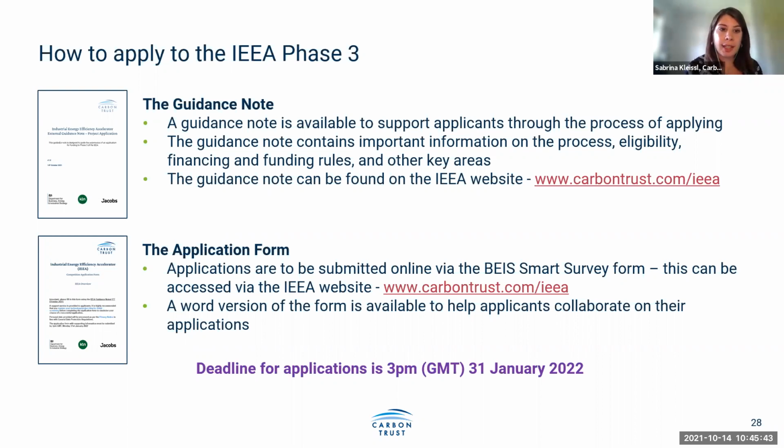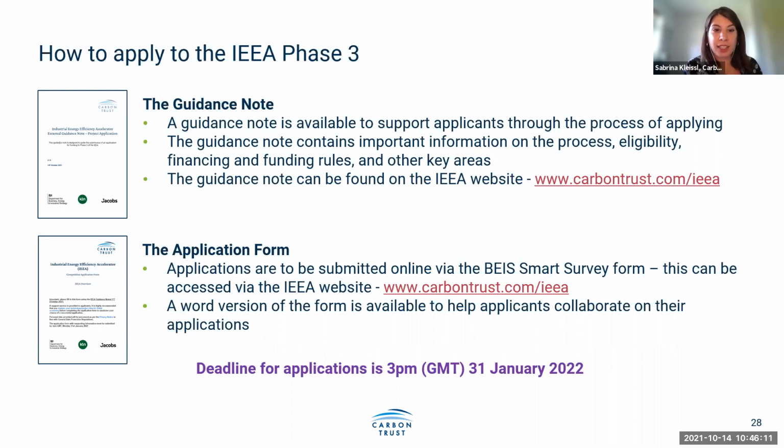We will run clinics and also arrange one-to-one discussions to review particular aspects of your proposal, such as how best to demonstrate the potential energy and resource savings. We can also offer a full review of your application form if you send this to us well before the application deadline, and preferably not later than the 7th of January.